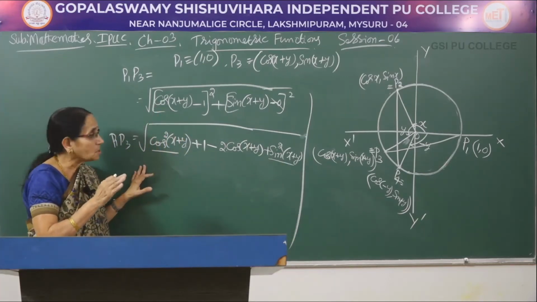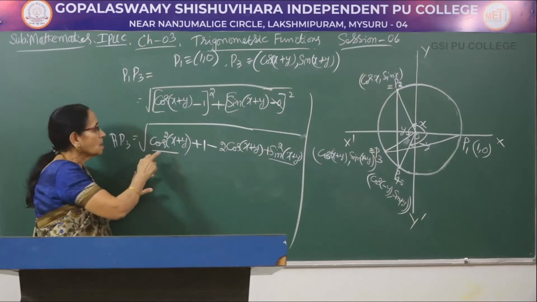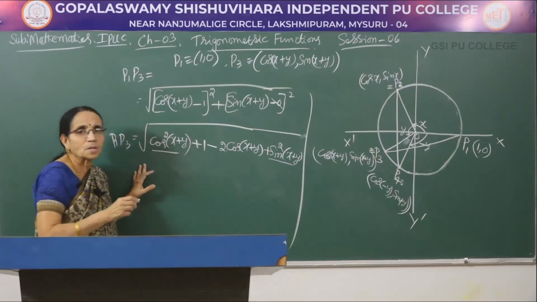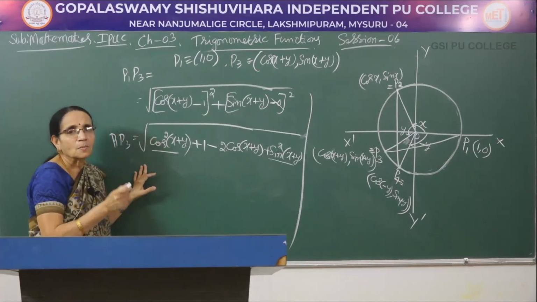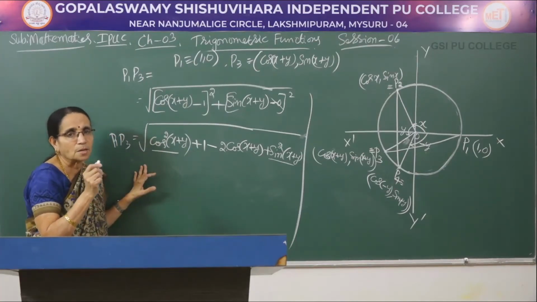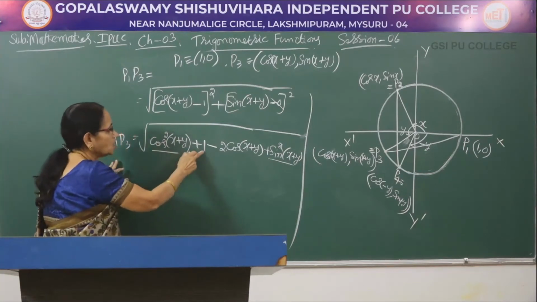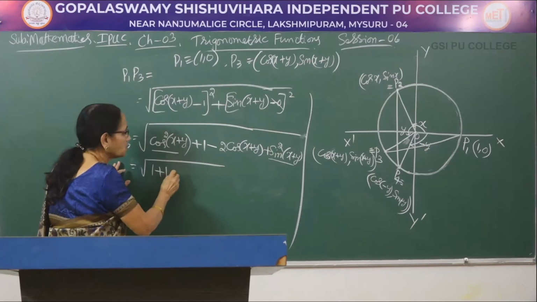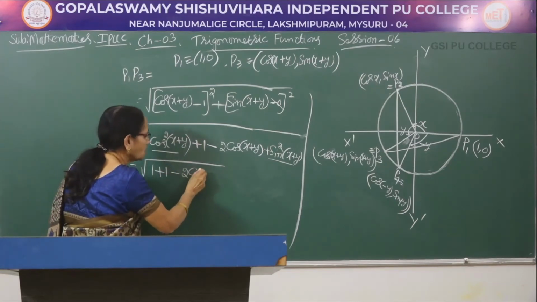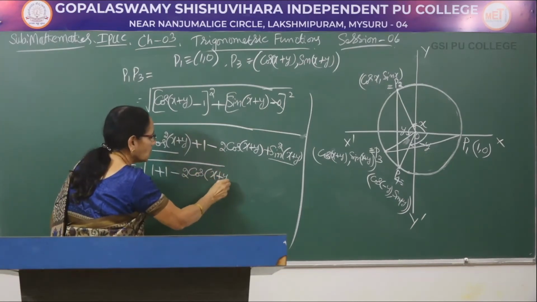By trigonometric identity, we know that cos square theta plus sin square theta is equal to 1. Here also x plus y, there also x plus y. When you use that particular identity, it is 1. Therefore, you write 1 plus 1 minus 2 times cos of x plus y.